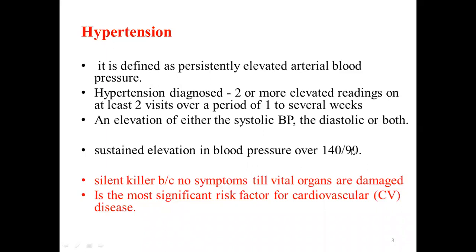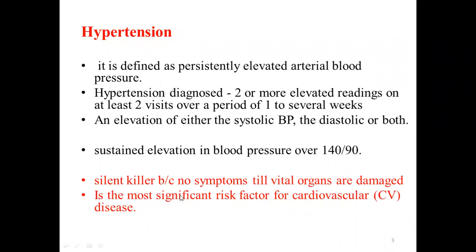Okay, then apart from that, most patients with hypertension are usually asymptomatic. Because of this reason, hypertension is known as a silent killer until the patient has organ damage. Most clinicians, or most internists, normally diagnose hypertension after the patient has end organ damage.